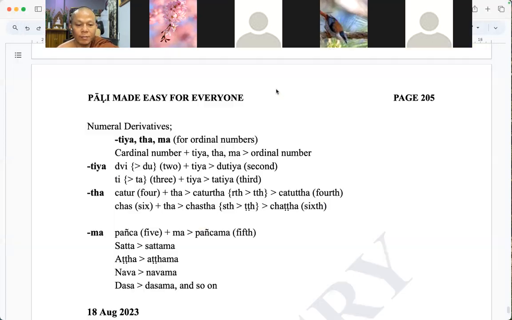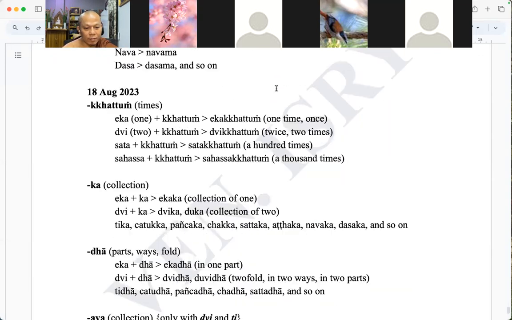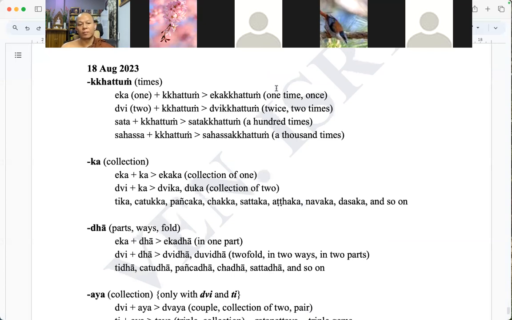Okay. And with katum, Bante, it means times. So one time or twice in here is in cardinal numbers of times, like ekakatum or dvikatum. But if we want to say the first time or the second time, how do we combine it? Is it patama with times there, Bante?